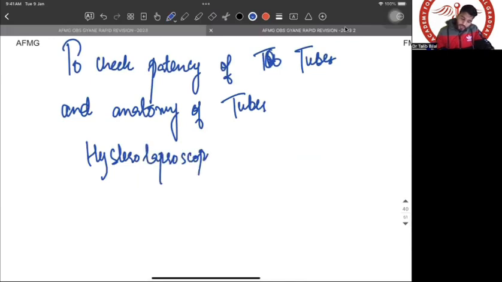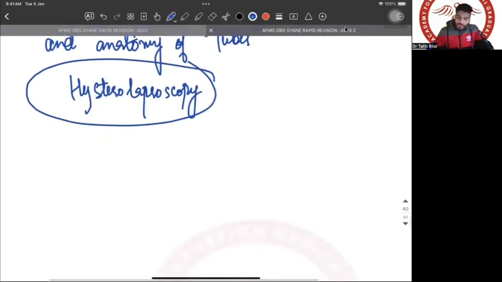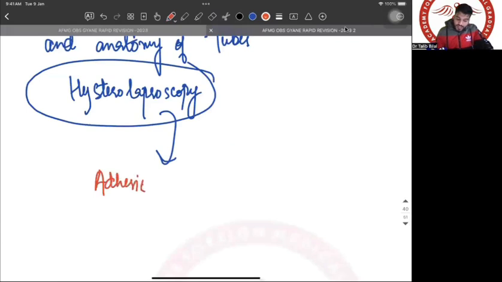Now, sir, we can also check the anatomy and patency with hysteroscopy. Why laparoscopy? Because laparoscopy will rule out the adhesions.